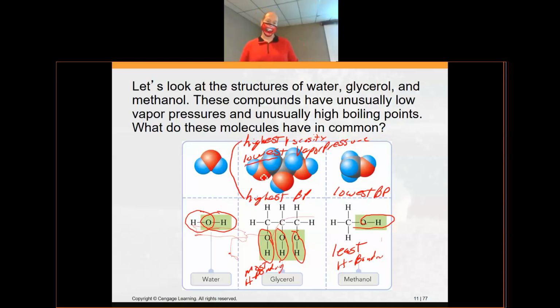So this always goes together. The highest boiling point is always the lowest vapor pressure. Viscosity, kind of, there are some exceptions to that one. There are no exceptions to the highest boiling point has the lowest vapor pressure. This is always true. And that means that the lowest boiling point is going to have the highest vapor pressure.